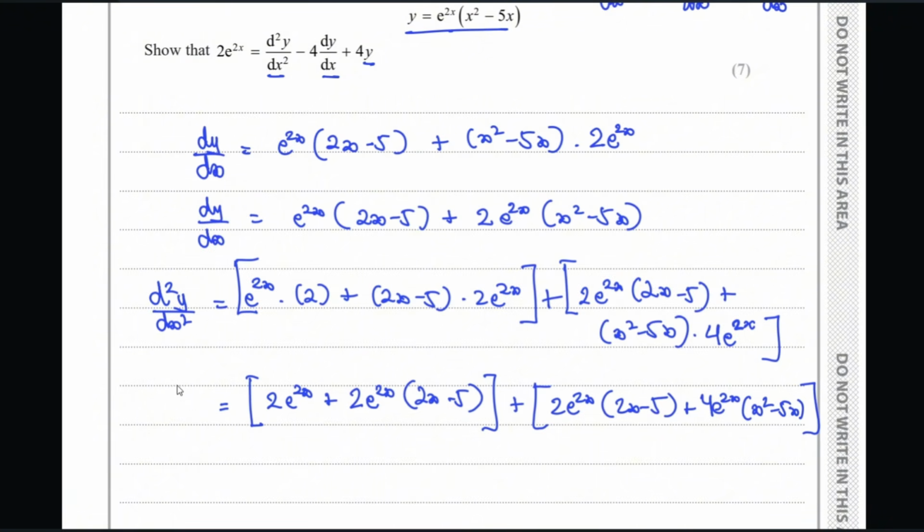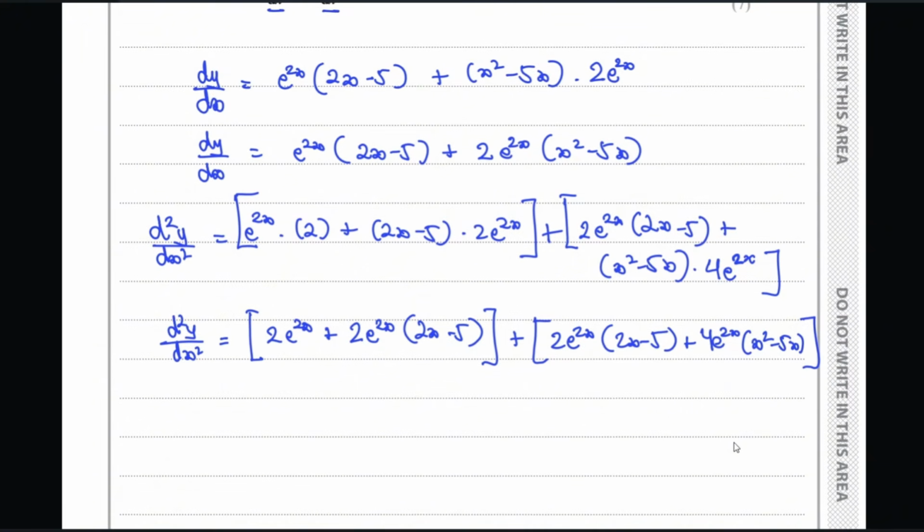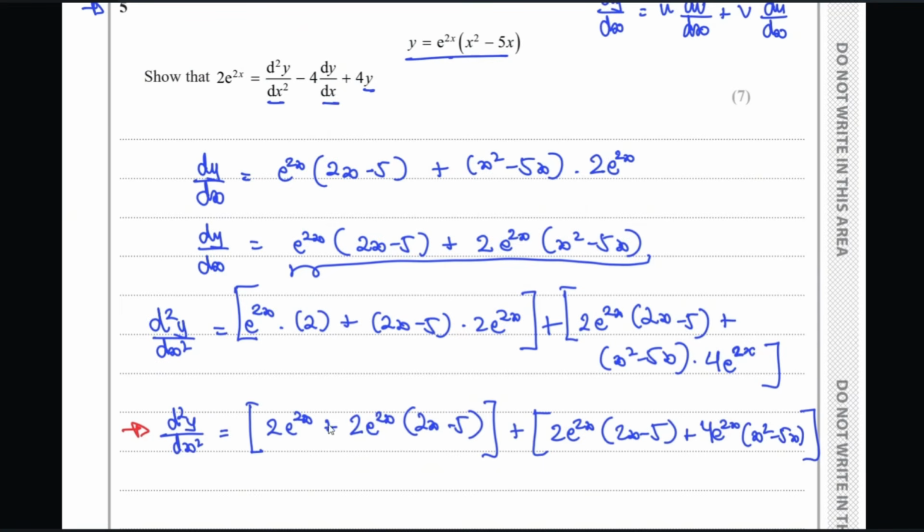Can we use this expression and replace some of the terms by dy by dx and some by y? Let's have a look. We have to analyze very carefully. If you look at all of this, that is twice dy over dx. So 2 times dy over dx will give you this.